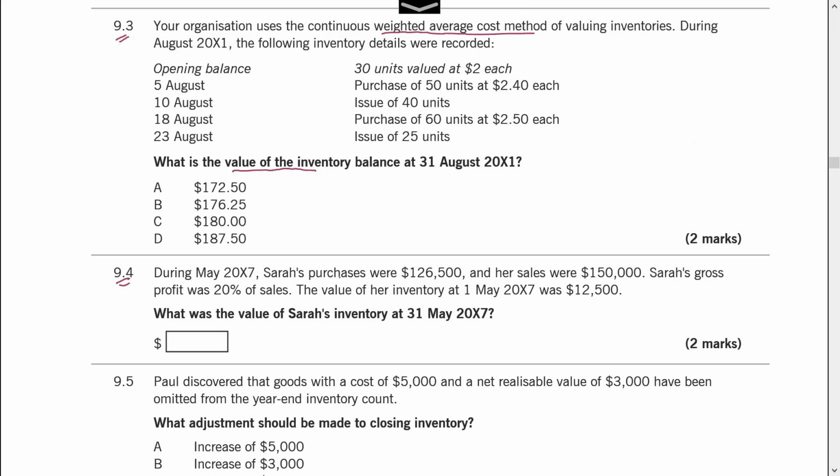Next we have question number 4. During May 07, purchases were this amount, her sales were this amount, gross profit was 20% of sales, and the value of her opening inventory was this amount, and we are required to calculate the value of her closing inventory. So we will use the same pro forma.